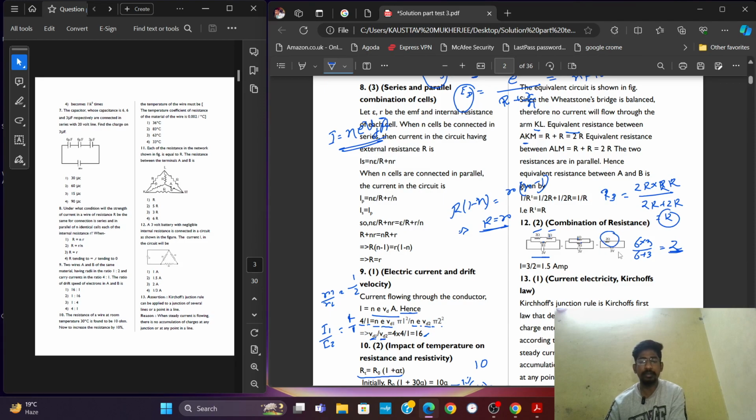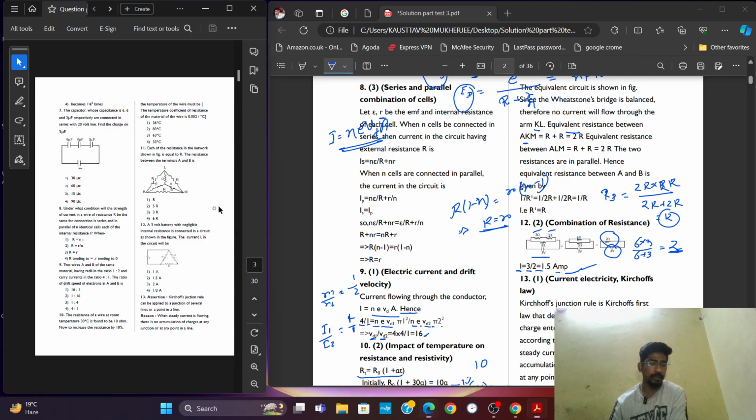So the equivalent resistance is 2 and the voltage is given. From Ohm's law, V equals IR, I equals V by R, which equals 1.5 ampere. That is option number 2.